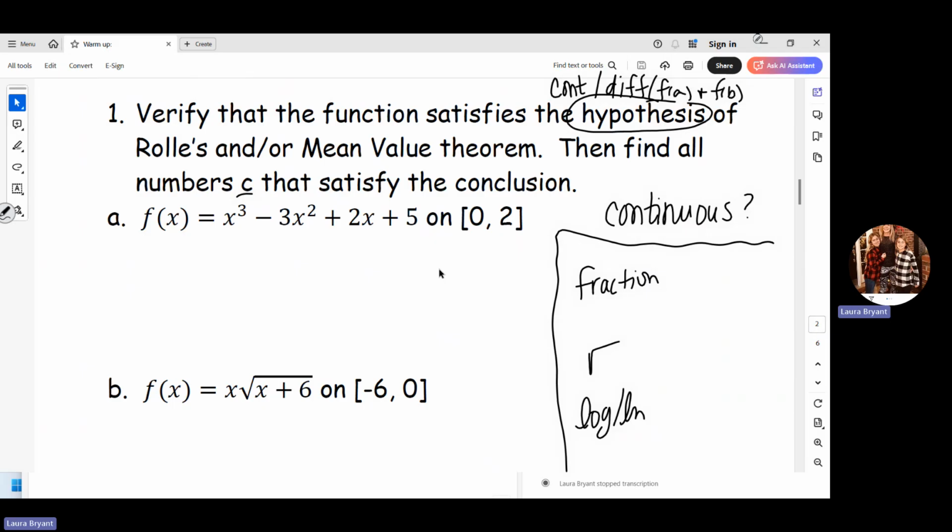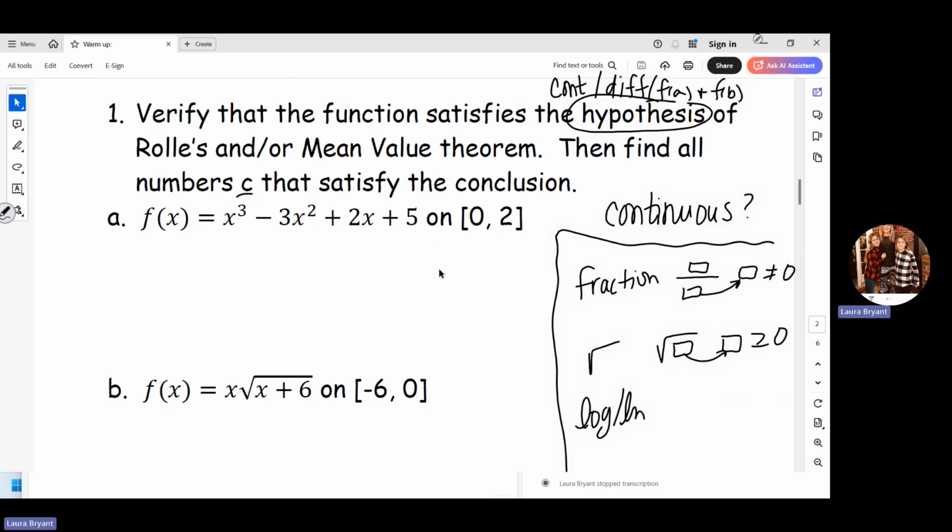If you have a fraction, something divided by something, the denominator can't be 0 because you can't divide by 0. So you only look at the denominator. If you have a square root of something, you take what's inside the square root symbol greater than or equal to 0.